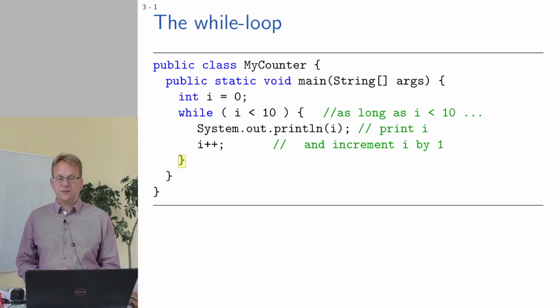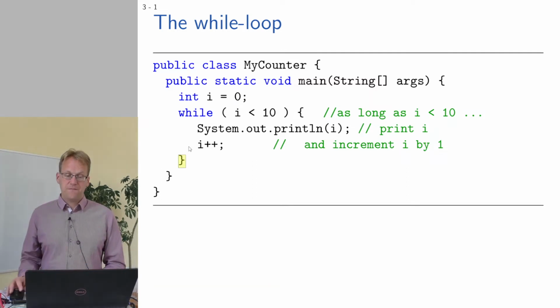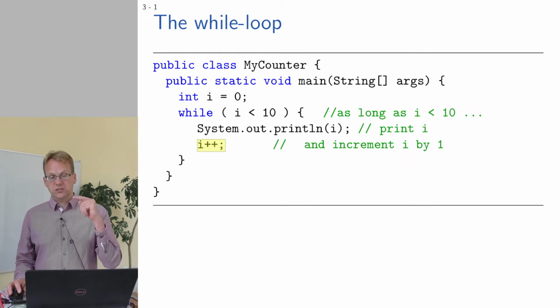In our example, well, what would be the output? First number that will be printed to the console is 0, then 1, 2, 3, 4, 5, 6, 7, 8, 9. 9 is still less than 10, therefore it will be printed to the console. Then I will be incremented to 10.